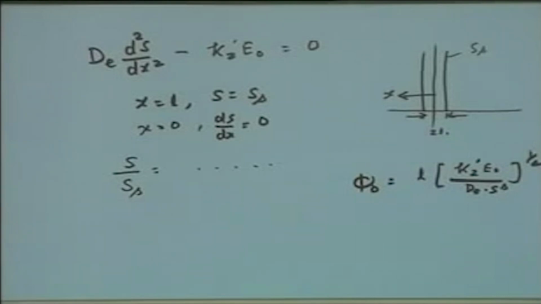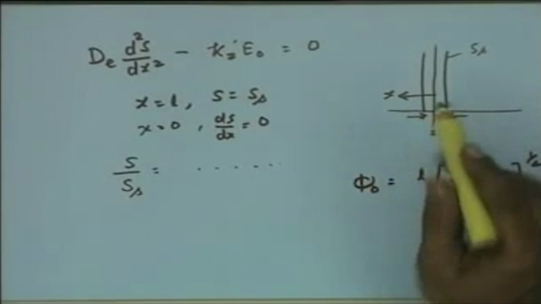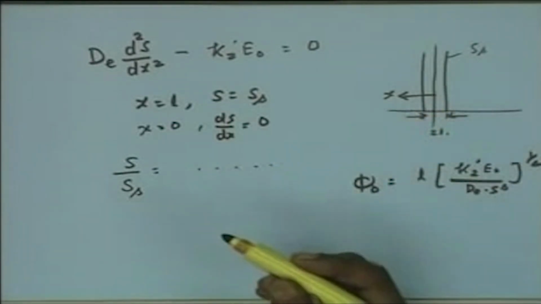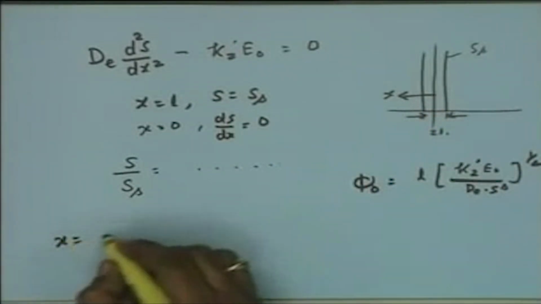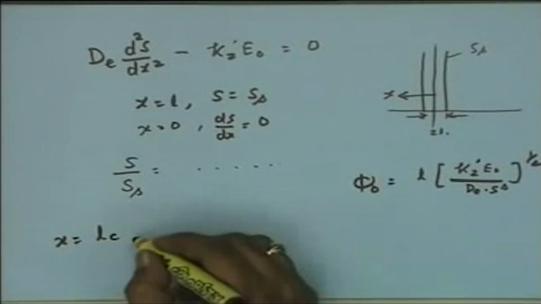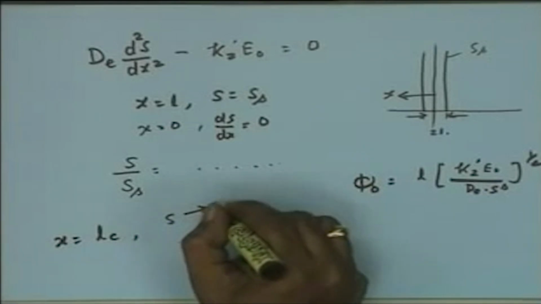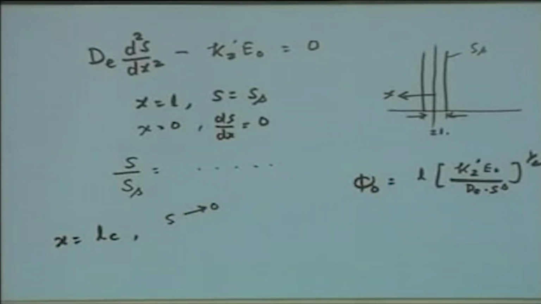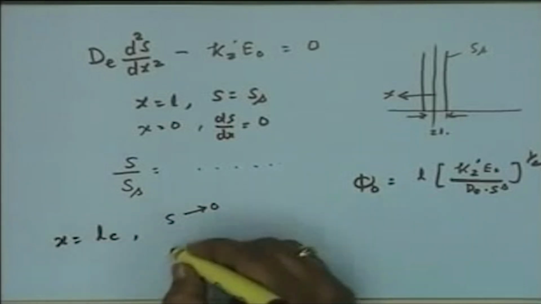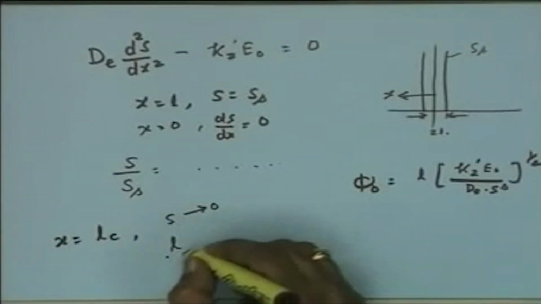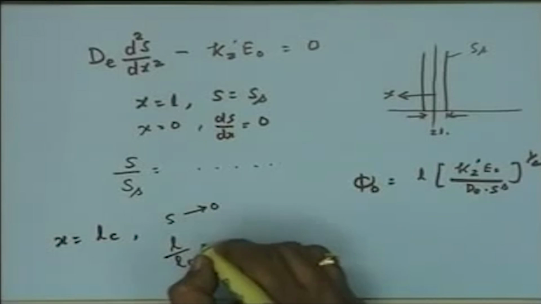Or you can also find out at what value of x from the center, let us say x is equal to some critical value LC, the substrate concentration approaches 0. That means that fraction of the enzyme will be ineffective, and the ratio of the two, L over LC, will give you the effectiveness factor.